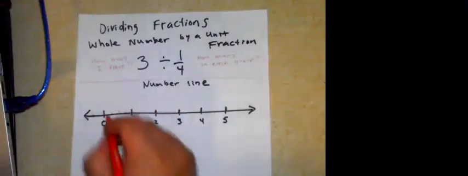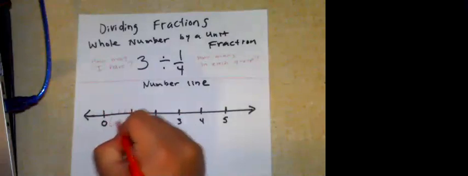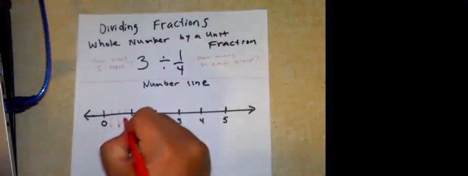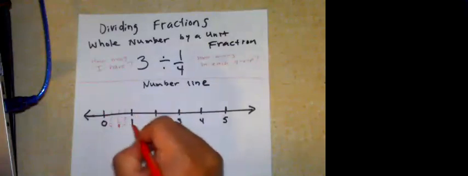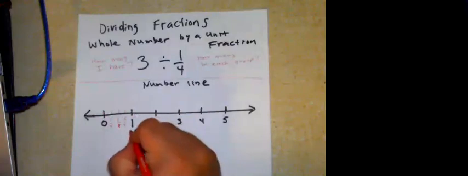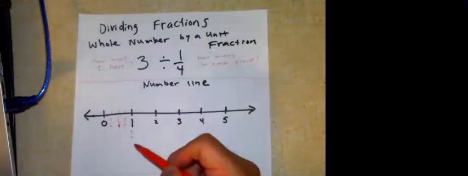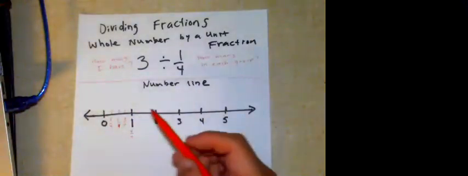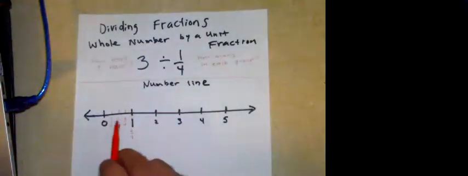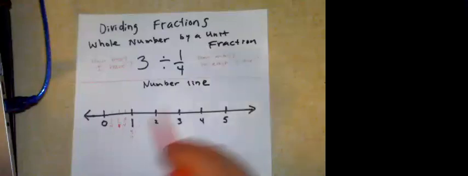Now let's make our 4ths. We got 1/4, 2/4, 3/4, and the 1 is going to be 4/4. Remember, any number over itself is always going to be 1. So we got 1/4, 2/4, 3/4, 4/4.